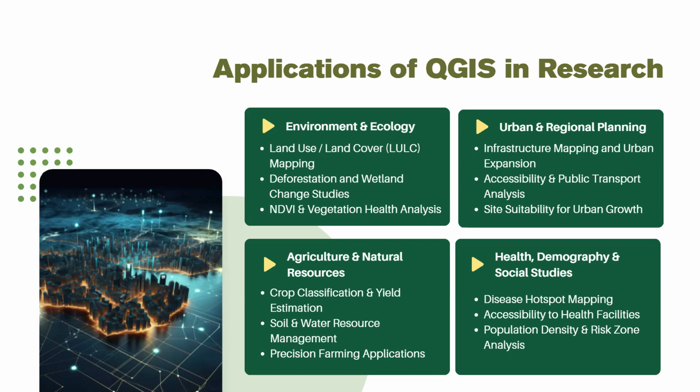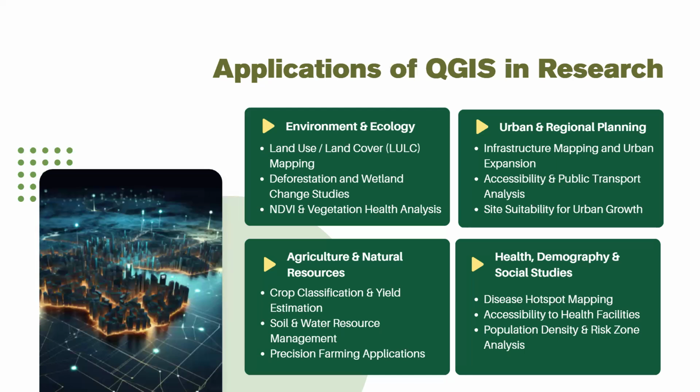We have less time. So again, in urban studies also, QGIS is used to understand how cities expand and evolve. For example, researchers in Delhi used QGIS to map urban sprawl and assess land consumption rate using Landsat imagery.